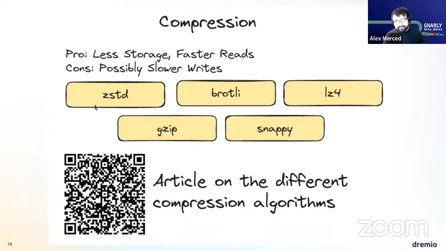And there's many different algorithms. The benefit, again, with compression is, one, you save money, and two, you might get faster reads depending on the actual compression algorithm you use, because it's another thing you have to do when you're writing the data.